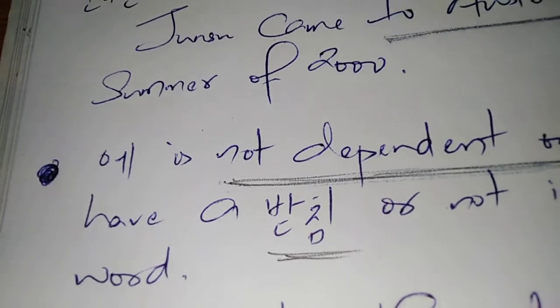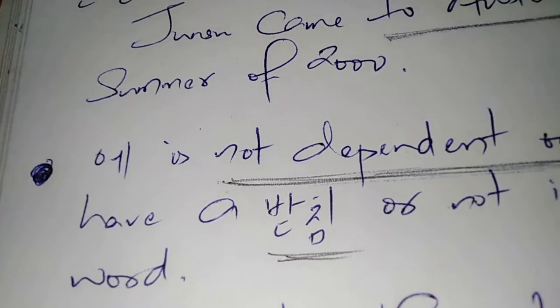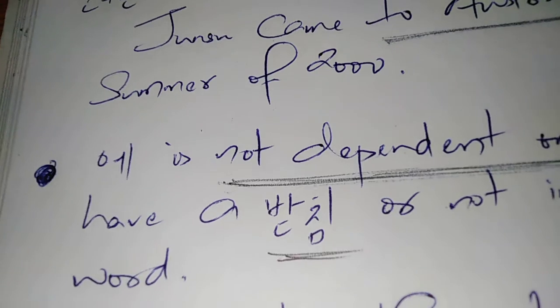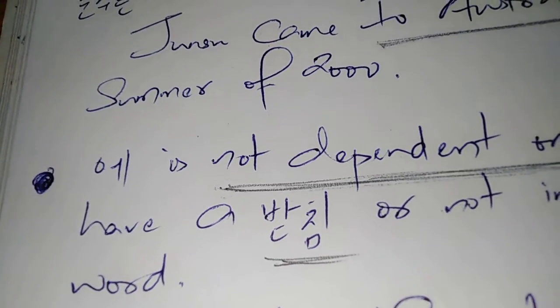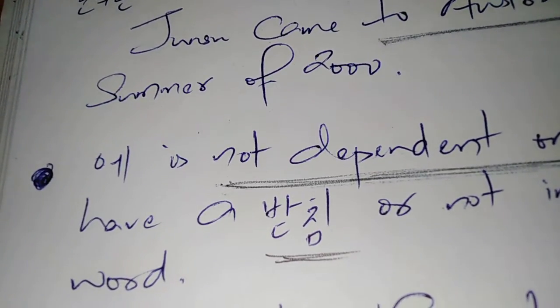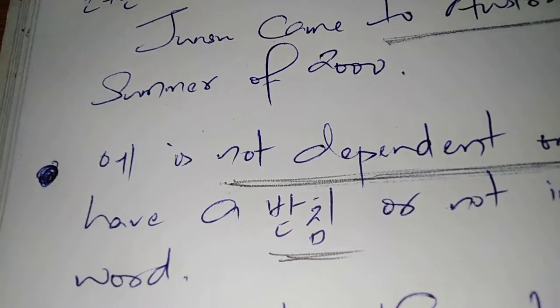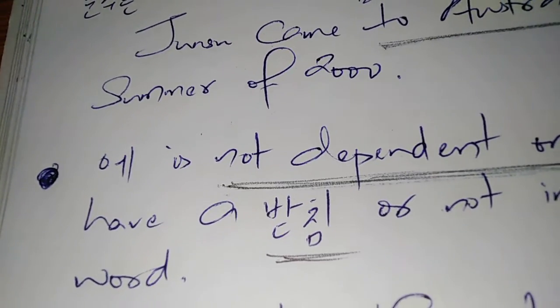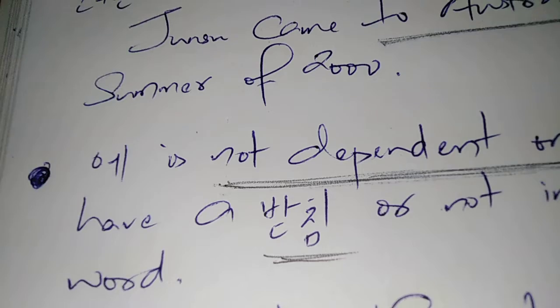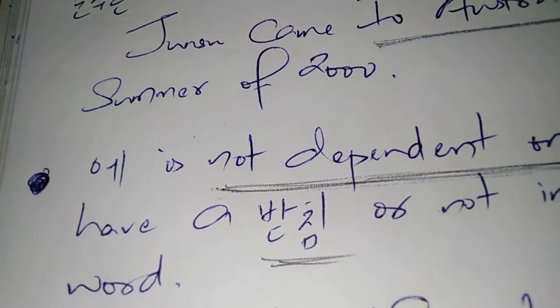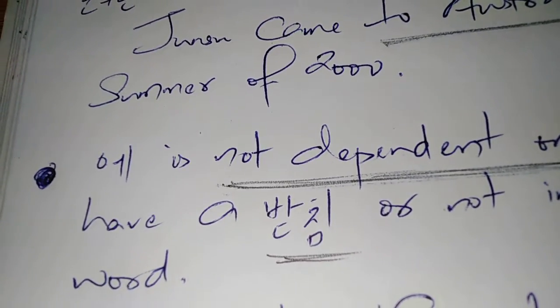Now you will be learning about another form of time and place particle. That is, if you are saying something for a certain period of time, I mean, you're not saying it, but that's what you mean. To mean that you did something somewhere.